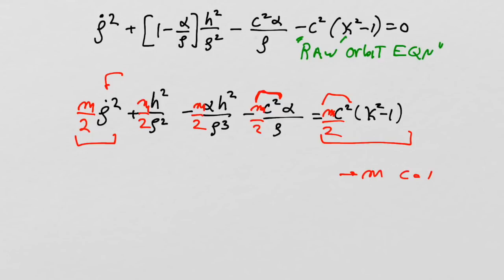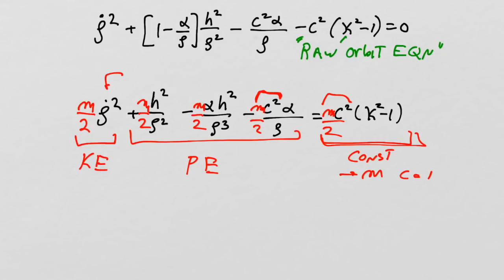But once you have this, we start thinking of this as a kinetic energy term. We think of this as some sort of potential energy term, and then we think of this as a constant that needs a little bit of interpretation. So that's how the m over 2 will help us. But if we get rid of those m over 2's, we put them in there to help us do the interpretation, right? The kinetic energy, potential energy, and this constant.